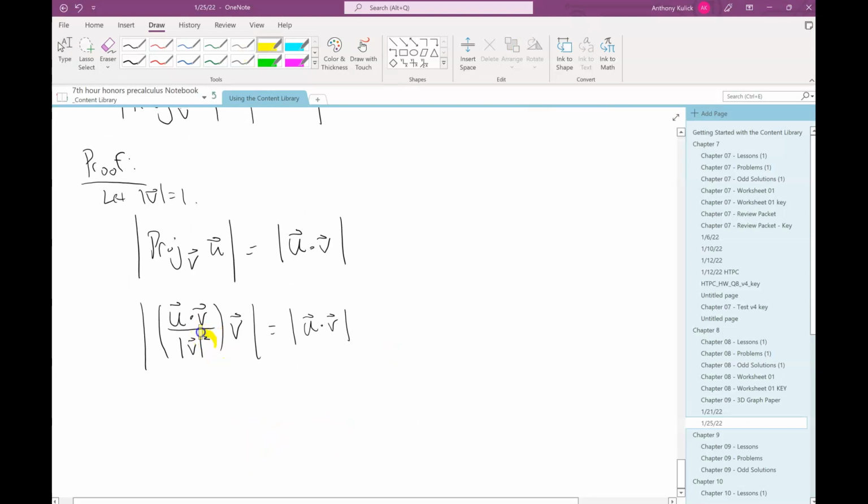And right away I notice something. What's the magnitude of V in our situation? 1. So that just is really going to turn into the dot product of U and V times V.